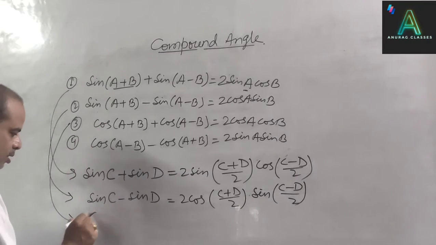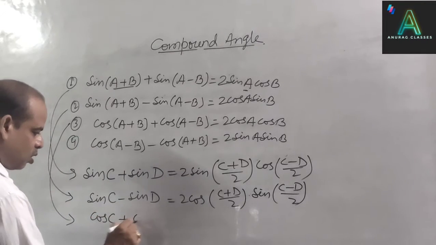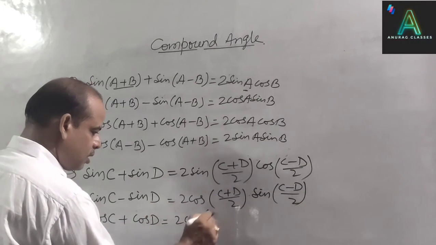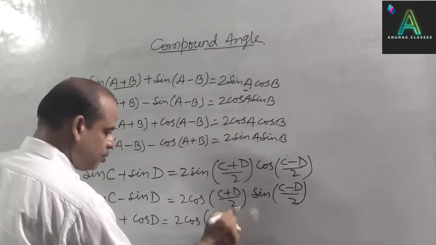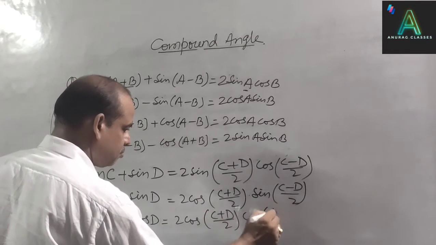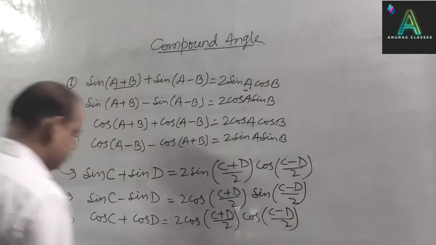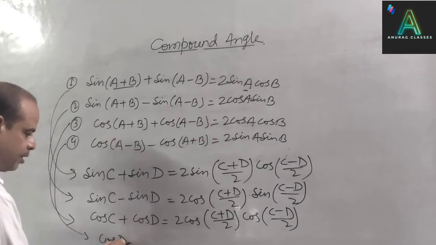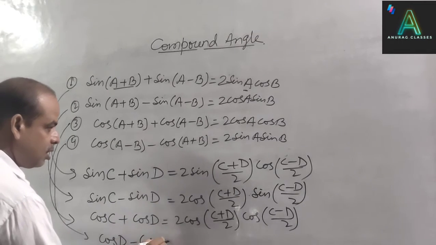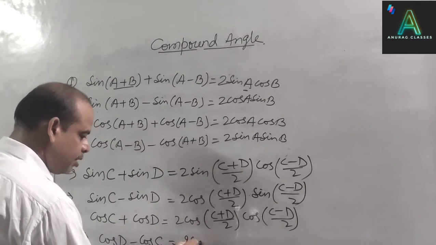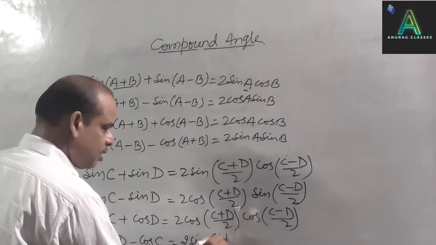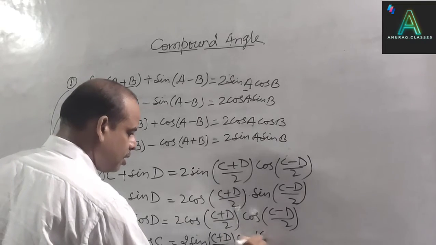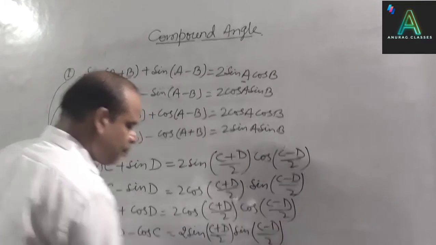The third will be cos C plus cos D is equal to 2 cos((C+D)/2) into cos((C-D)/2). And the fourth will be cos D minus cos C is equal to 2 sin((C+D)/2) into sin((C-D)/2).